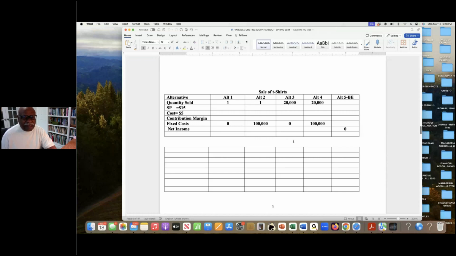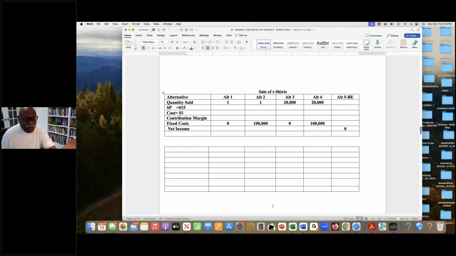Let's look at our situation here. We have t-shirts being sold. The selling price is $15. The cost is 5. And we have various scenarios with our fixed costs. Let's look at the first scenario where we don't have any fixed costs and your quantity sold is 1.